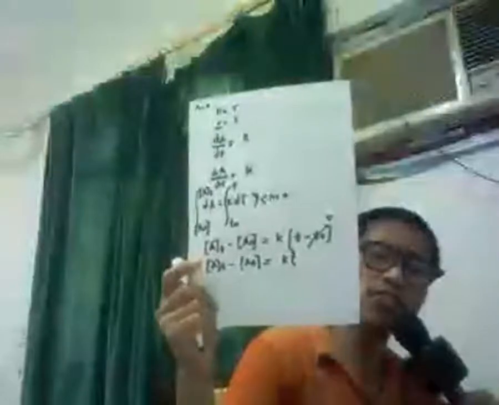Compute the value of the concentration A final at t. So A_t is equal to kt, right? kt, and this negative will become positive A_0. A_t equals kt plus A_0.